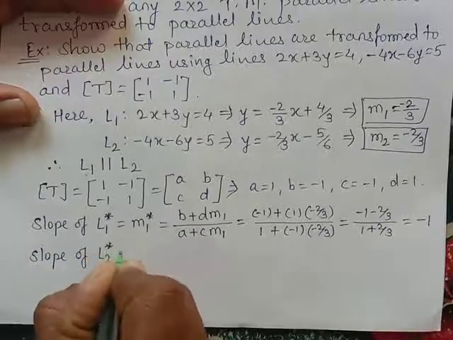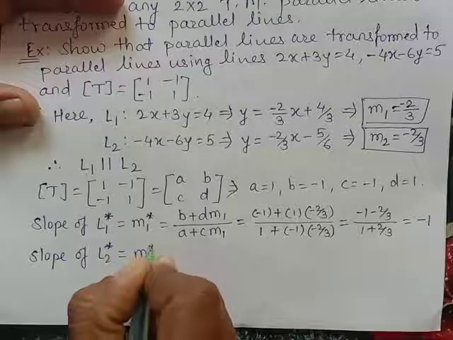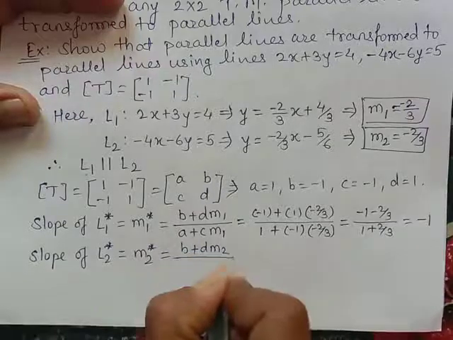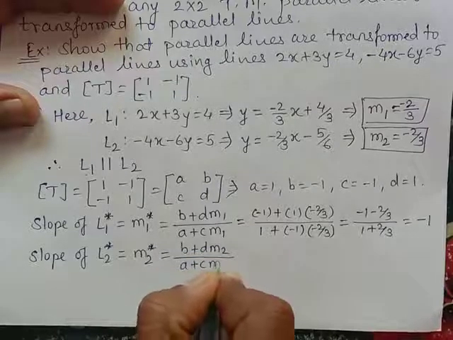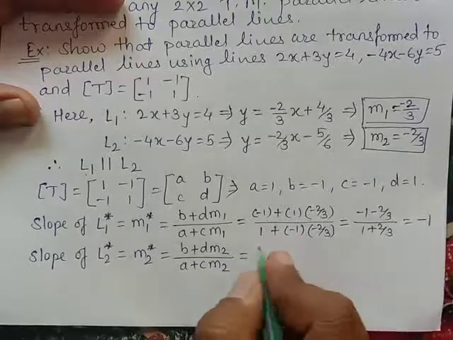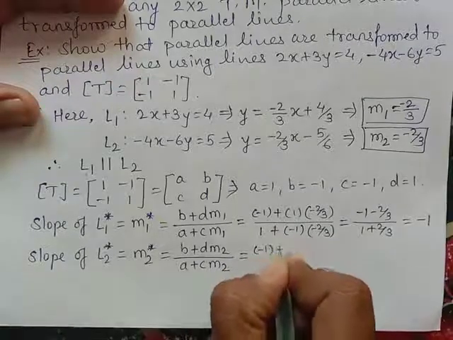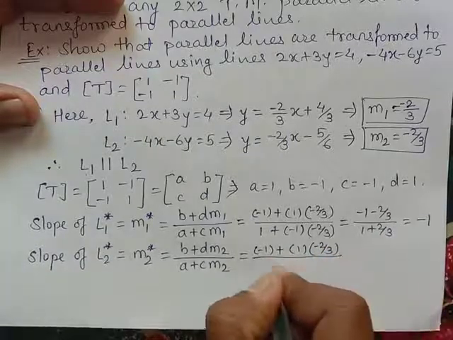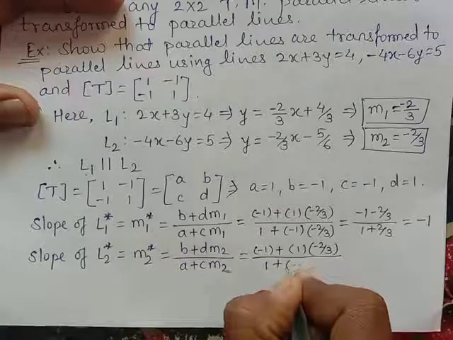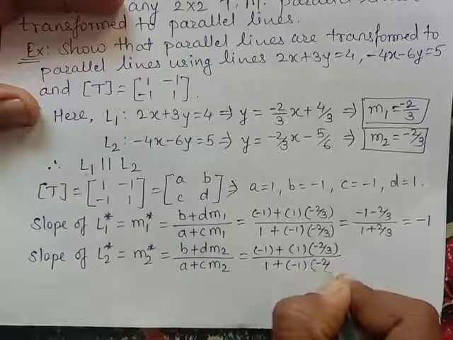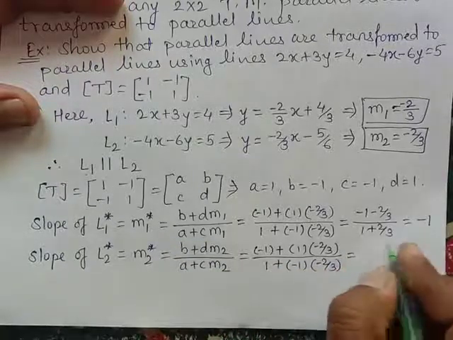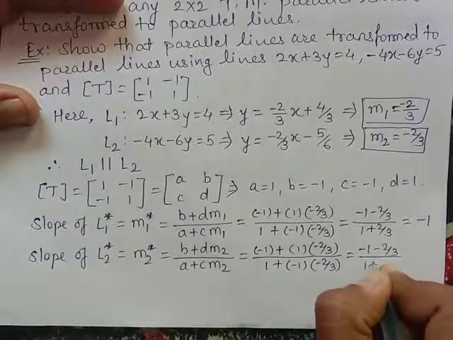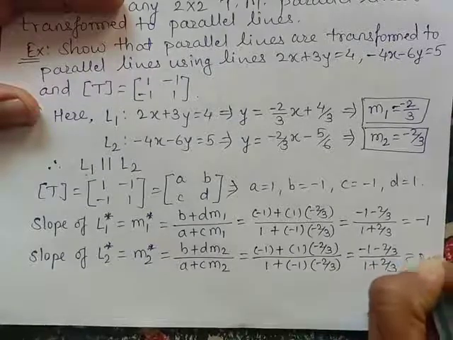Again, the slope of L2 star is M2 star. That is B plus D M2 upon A plus C M2. That is nothing but again minus 1 plus 1 into minus 2 by 3 upon 1 plus minus 1 into minus 2 by 3. That is again minus 1 minus 2 by 3 upon 1 plus 2 by 3, and that is also minus 1.